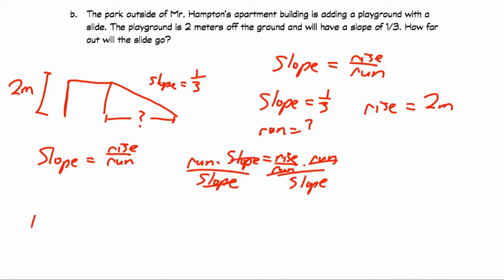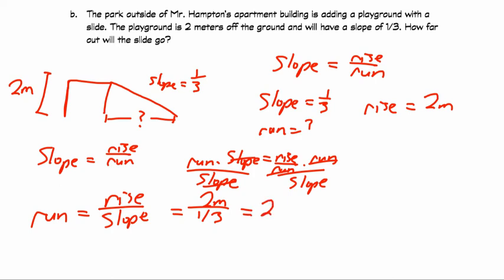We have our run is equal to our rise divided by our slope, which is equal to 2 meters divided by 1/3, which can be rewritten as 2 times 3, which equals 6 meters. So our slide is going to go out 6 meters.